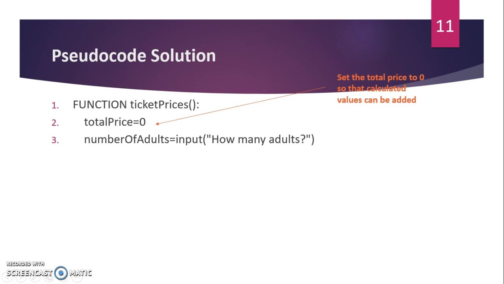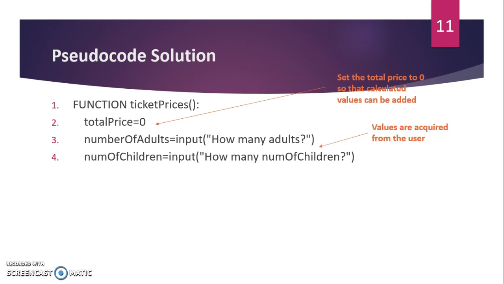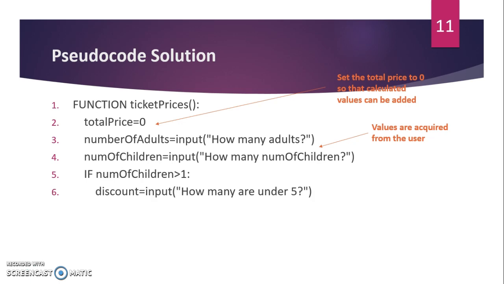And I know the convention here is sort of flipping between Python syntax and pseudocode, but the principle applies. So we ask how many adults there are, and then we ask how many children there are. So these values are attained from the user. If the number of children entered is greater than 1, then we would say that a discount is asking how many children are under 5.